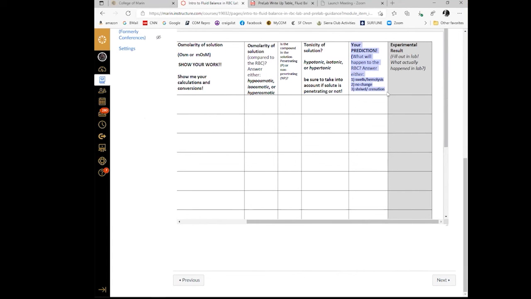What happens to the red blood cell? A dependent variable is going to be like the fate of the red blood cell. Does it explode? Is it happy? Does it shrivel? So that's our dependent variable. That's the thing that we are going to make predictions about in the hypothesis and then actually check for when we do the actual experiment.